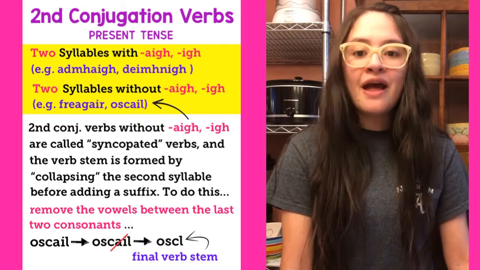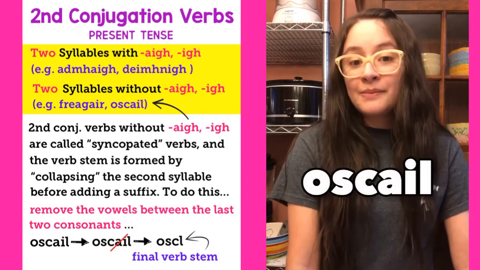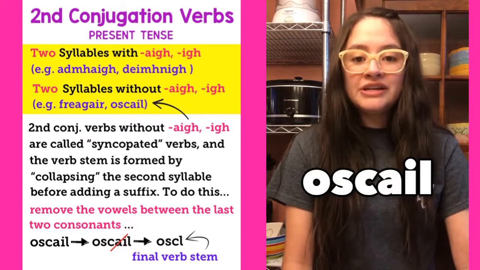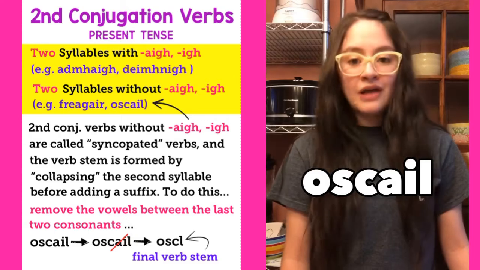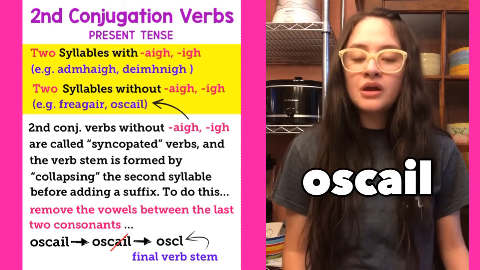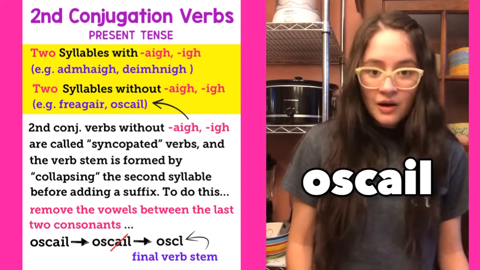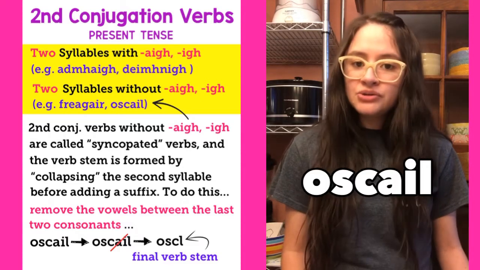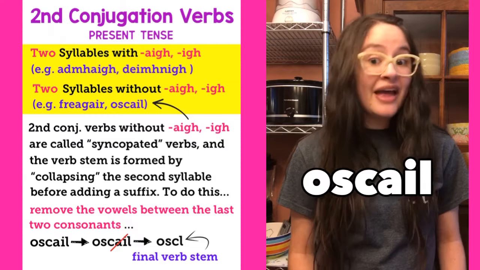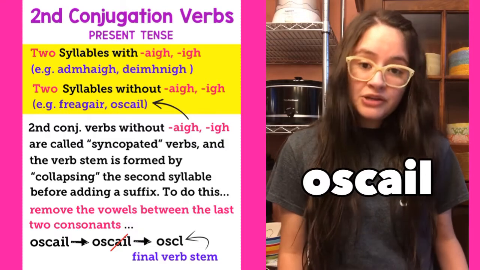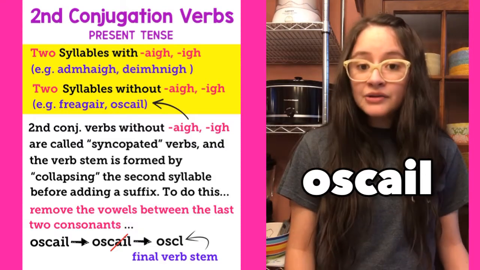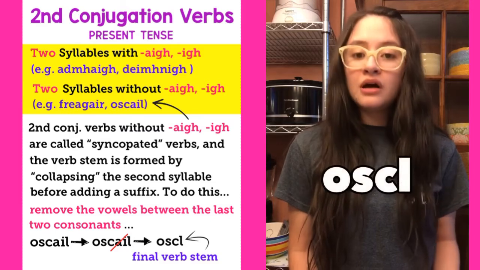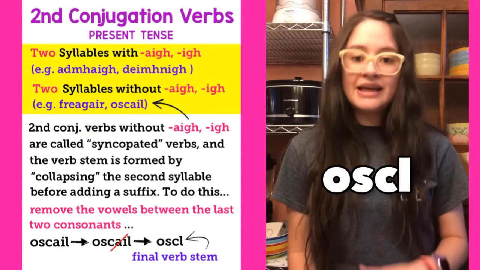So, for example, we have the verb oscail. That means to open, and we'll need to syncopate it or collapse it to form the stem. Well, we'll remove the vowels that come between the last two consonants to do that. The last two consonants are C and L, and that means we'll remove the A and the I, and the stem will become oscl, O-S-C-L.